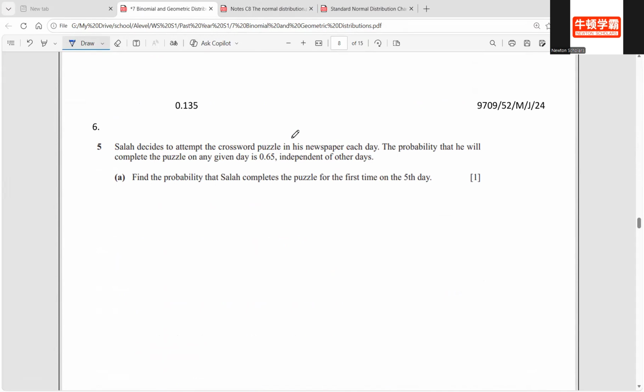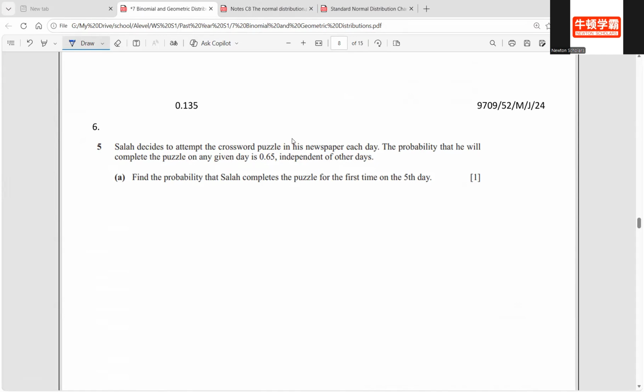First we need to identify what the distribution is. In AS level you have 3 distributions: normal, which is chapter 8, then binomial and geometric. So we need to know how to differentiate them.